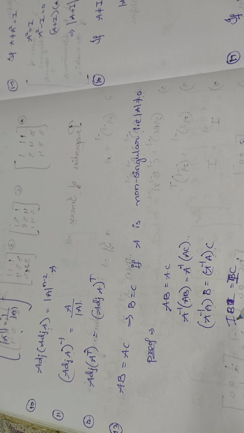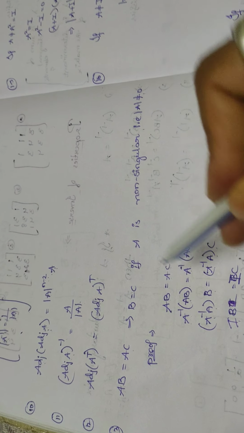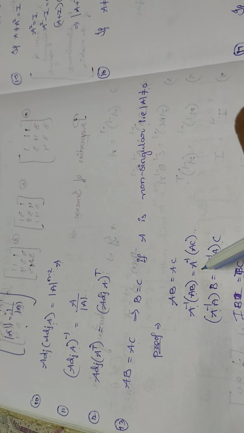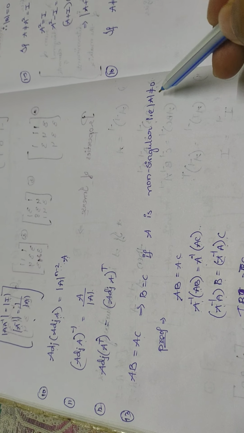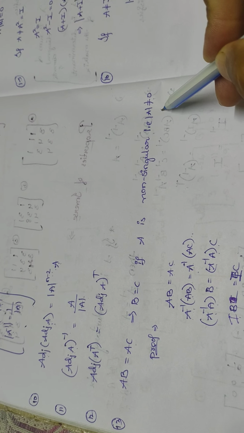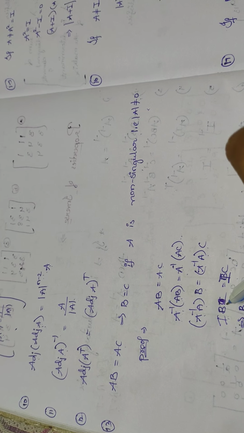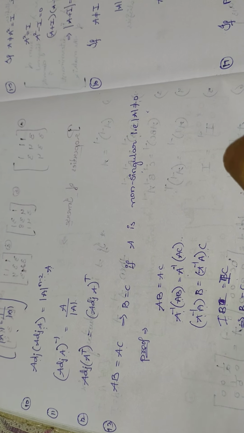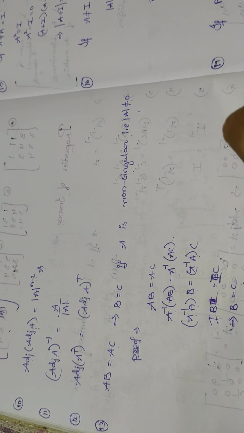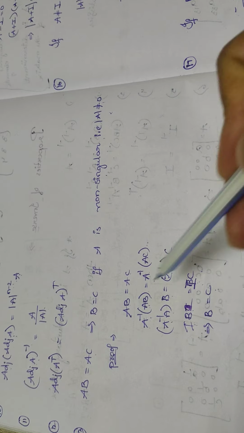This will exist only when A inverse exists. When A inverse exists, determinant of A is not equal to 0, that means A is non-singular. Any matrix into identity matrix gives the same matrix. So B is equal to C. If A inverse does not exist, we cannot multiply and we never get this.